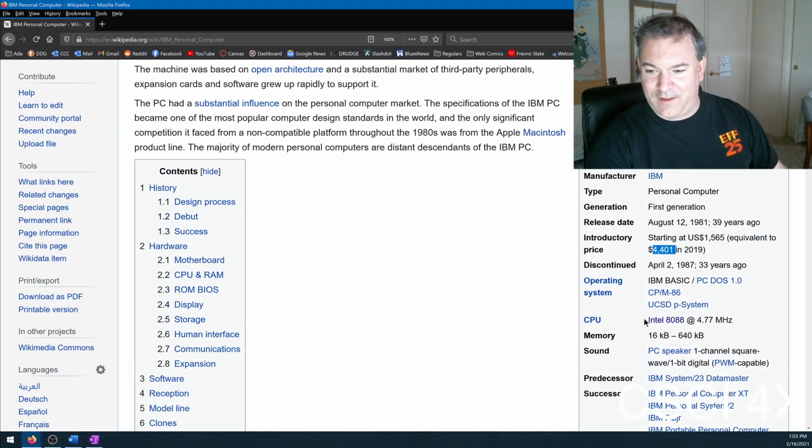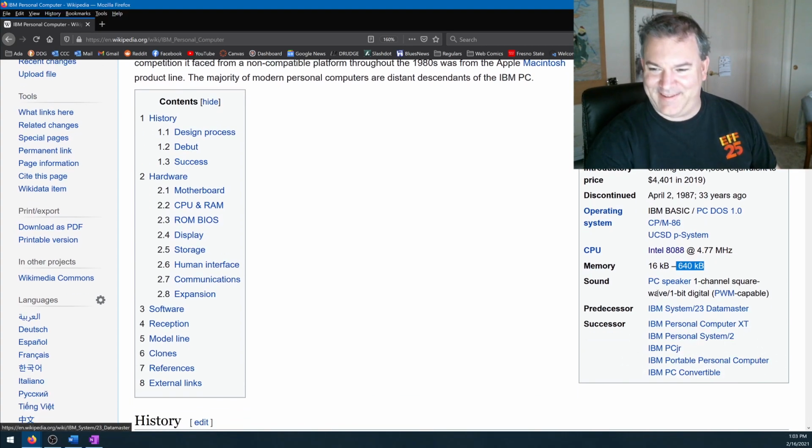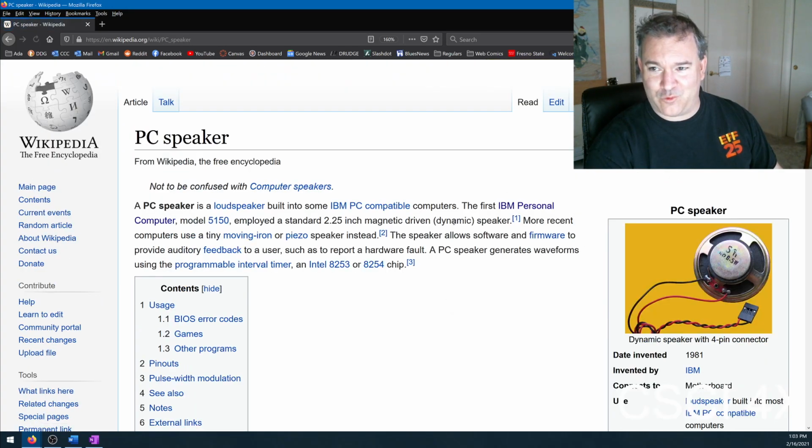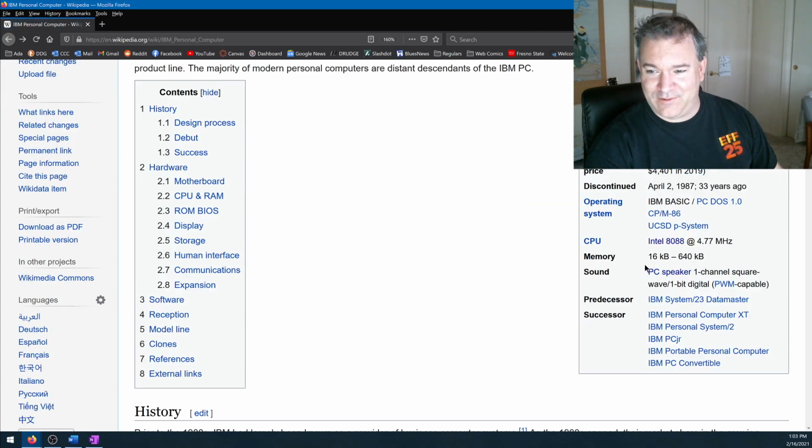It came out with the Intel 8088 running at 4.7 megahertz, not gigahertz, megahertz. 16 kilobytes to 640 kilobytes of RAM. There's the famous quote by Bill Gates that 640 kilobytes of RAM is enough for anyone. It comes with a PC speaker, and you can get music out of it, kind of. It's really super garbage.